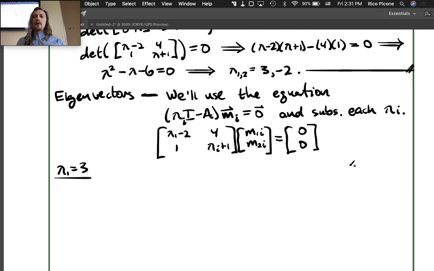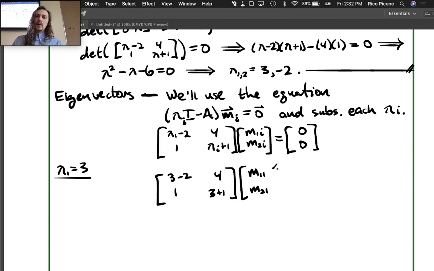So for each lambda we plug in, we're going to get this problem. So I'll plug in lambda 1 equals 3. We're going to have 3 minus 2, 4, 1, 3 plus 1, times m11, m21, equals 0, 0.